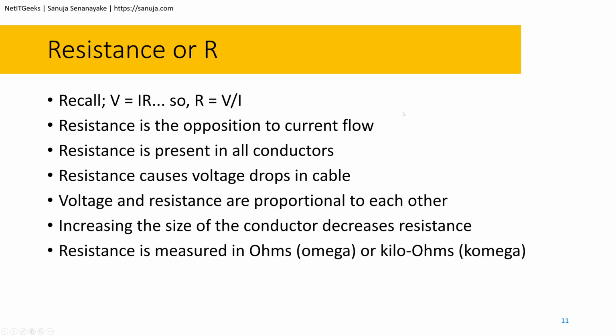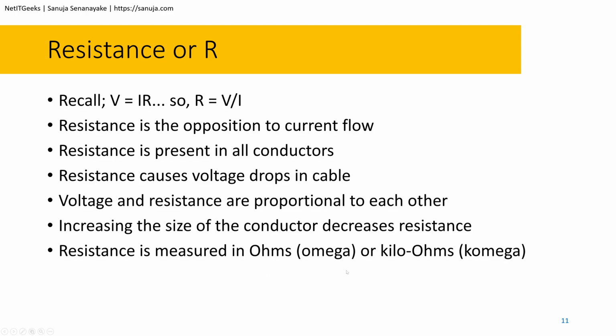Imagine it's like going along a curve like that. The resistance causes voltage to drop in the cable, and increasing the size of the conductor therefore decreases the resistance. So a thicker solid core wire or thicker stranded wire core will reduce the resistance.